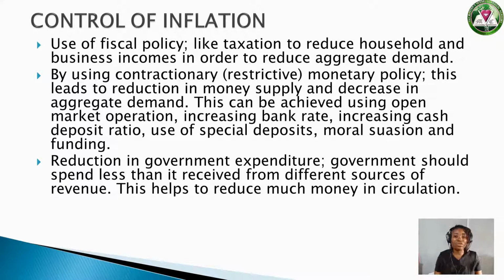The government can use this to reduce the circulation of much money in the country. So the government can decide to increase bank rates. When they increase bank rates, that is the interest rates, it will discourage many people from going to the bank to borrow money.